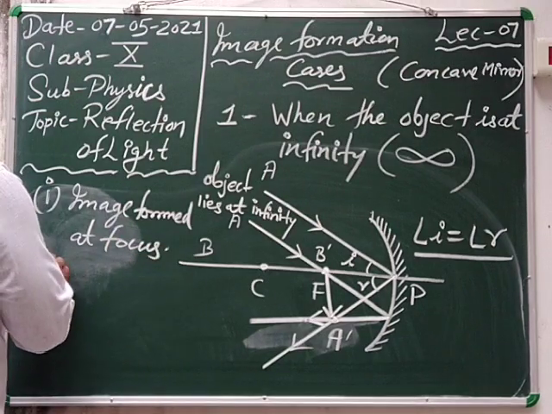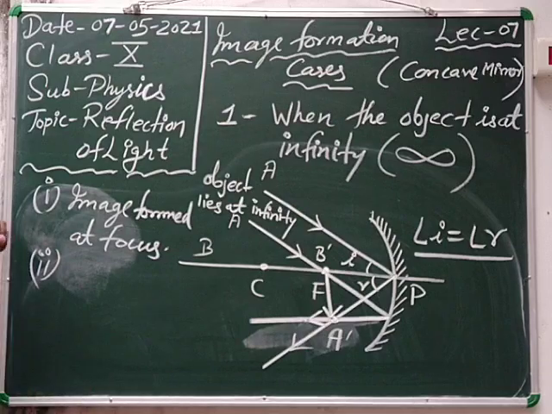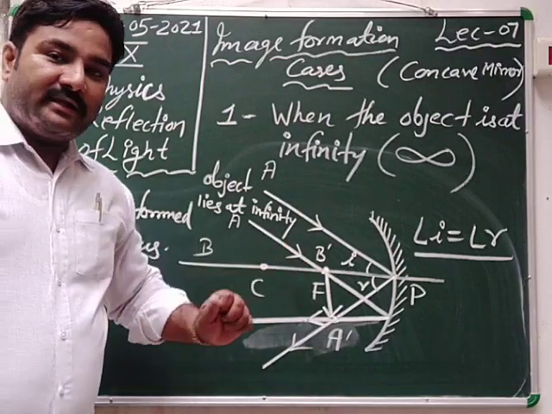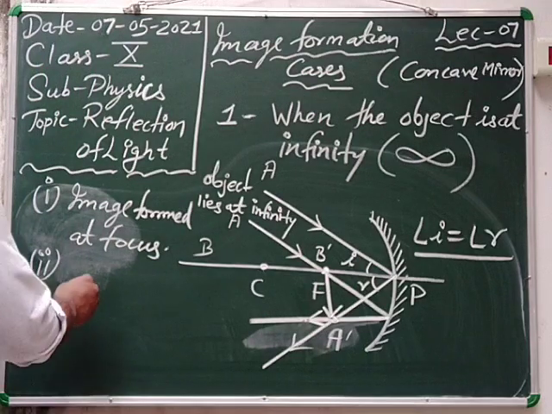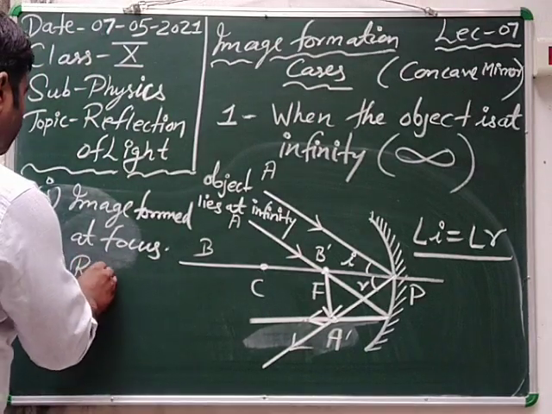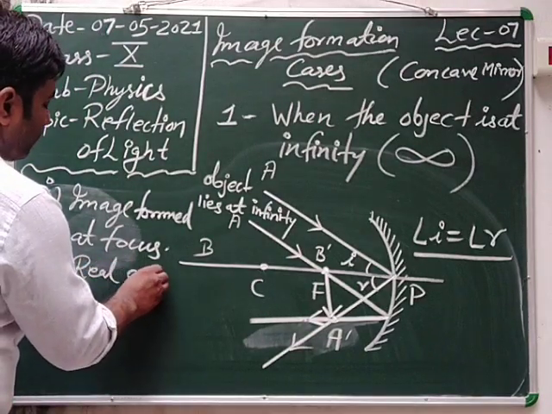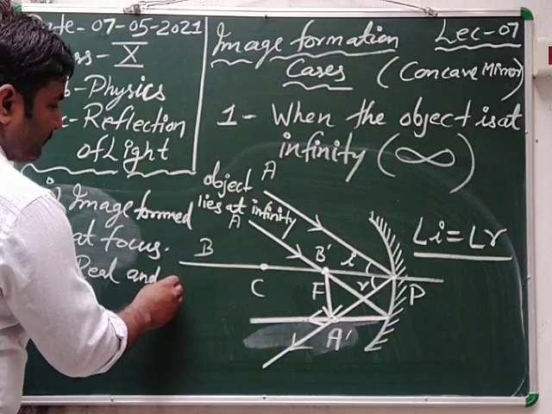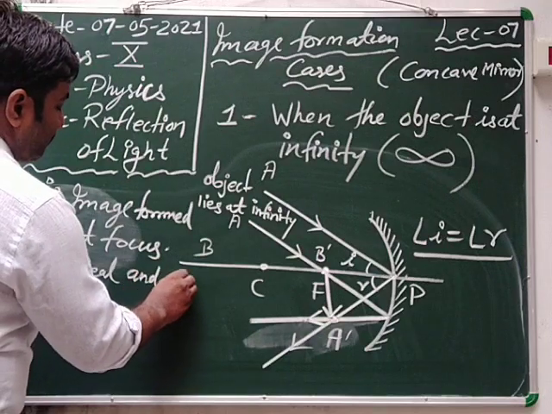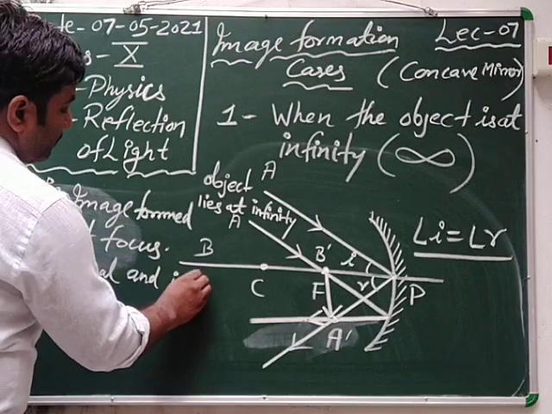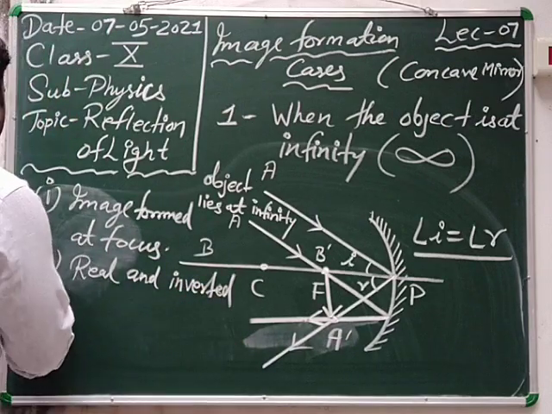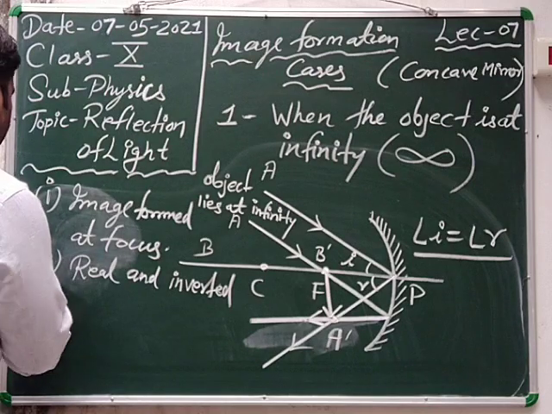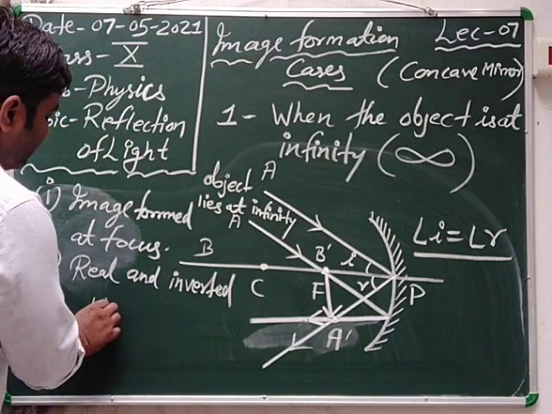Number 2, real and inverted. Number 3, highly diminished.